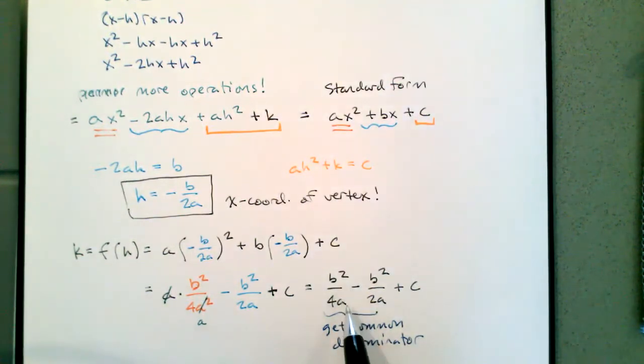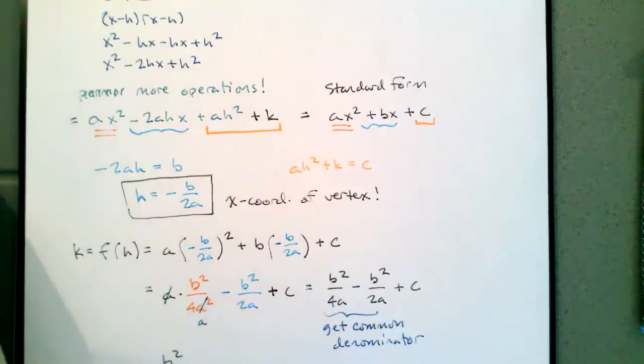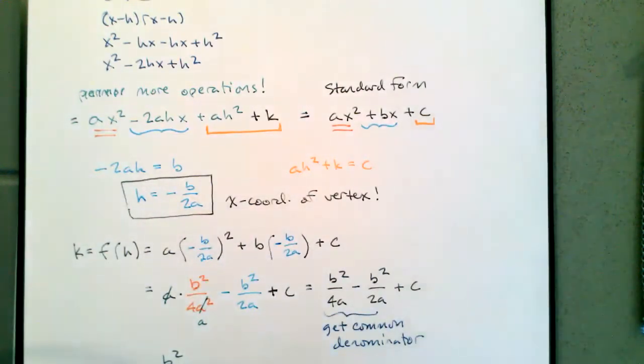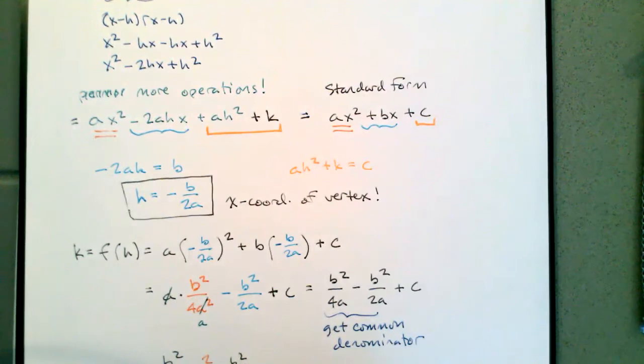So I get b squared over 4a. If I multiply the second fraction by 2 over 2, I have b squared over 4a minus, I'm going to multiply by 2. I still have a plus c.